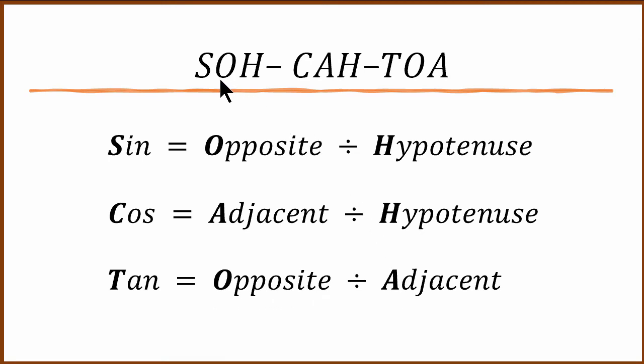It is made up of the first letters: sine opposite by hypotenuse, cos adjacent by hypotenuse, tan opposite by adjacent. There are many other ways of remembering this. This is one of the ways. If you find this useful, you can use this method.